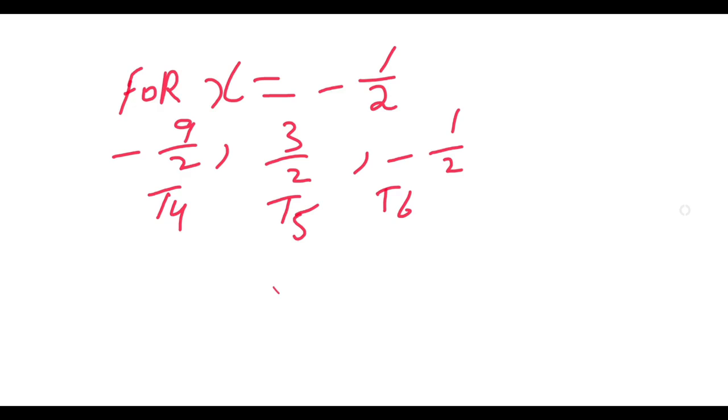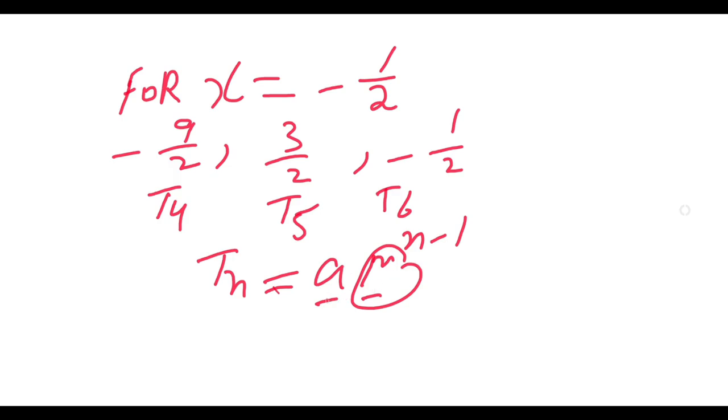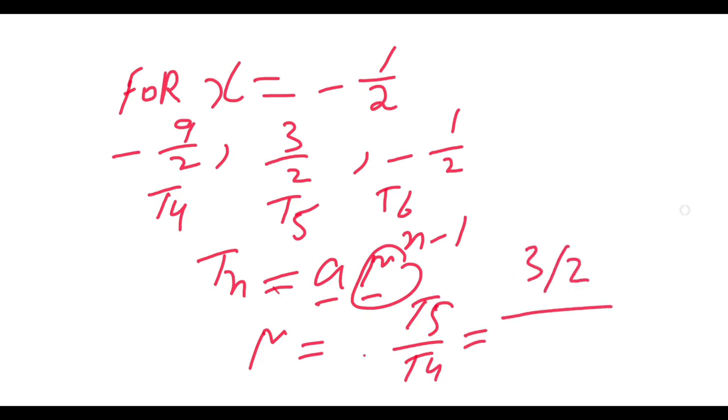I can use the formula Tn is equal to a r to the power n minus 1. So I'm looking for a and r. r I can find, a the first term we're still looking for. The ratio I can find as T5 over T4. So T5 I've got 3 over 2 and T4 I got negative 9 over 2.